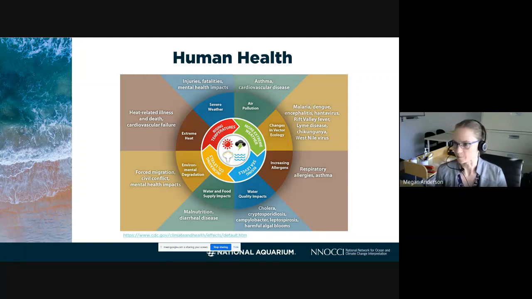As temperatures change, we're seeing different migration patterns of animals in different zones. So Lyme disease and the range of Lyme disease is changing. There are a lot of different impacts on human health as it relates to climate change.